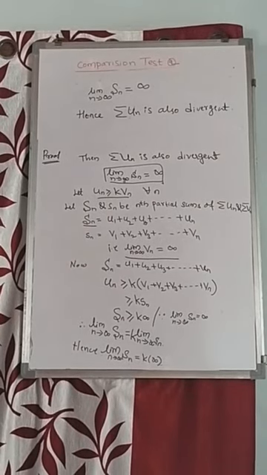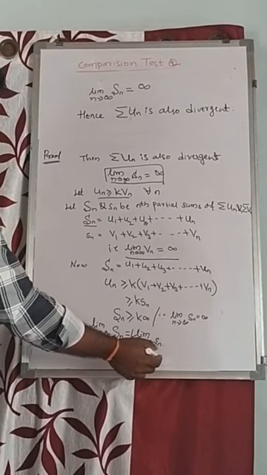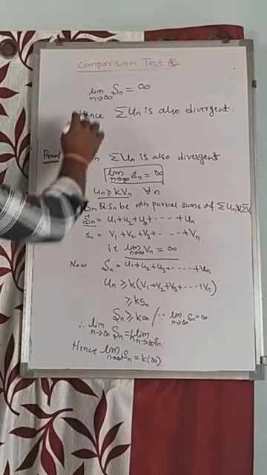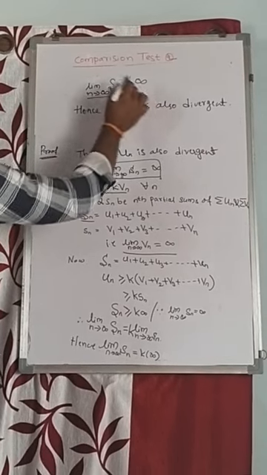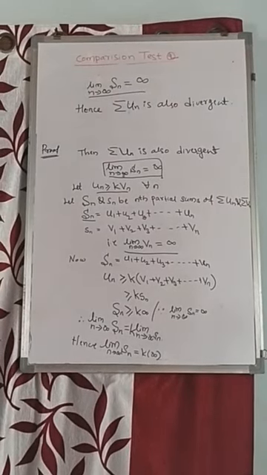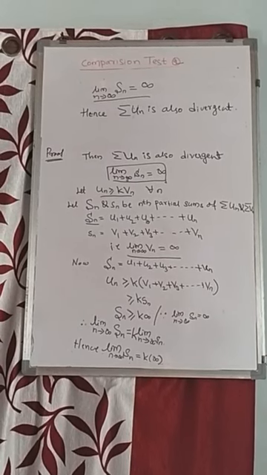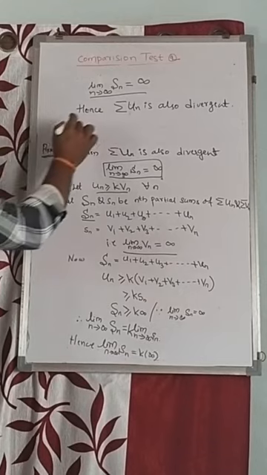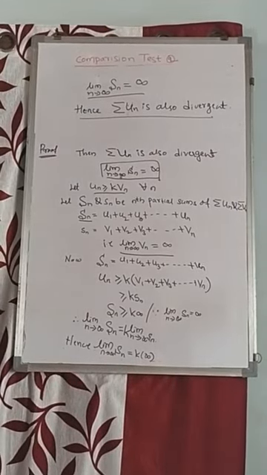Applying the limit n tends to infinity, capital Sn is equal to k into infinity, means limit n tends to infinity capital Sn is infinite. Infinite means Sn is divergent. Sn is the sequence, Sn is divergent, so the series summation of un is also divergent.